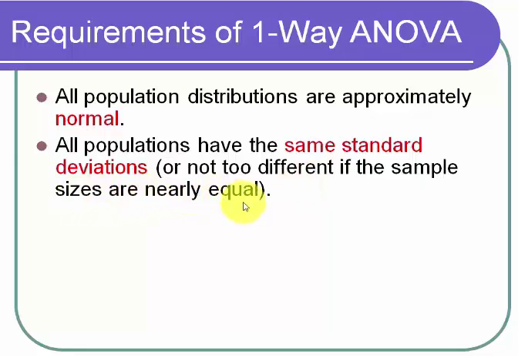I will not get into the details on how to check either of these two requirements, but I want you to be aware that you shouldn't just use ANOVA for really important research unless you've taken another statistics class and you understand how to check that these two assumptions are true.